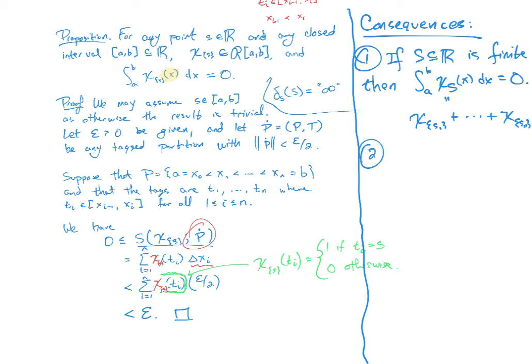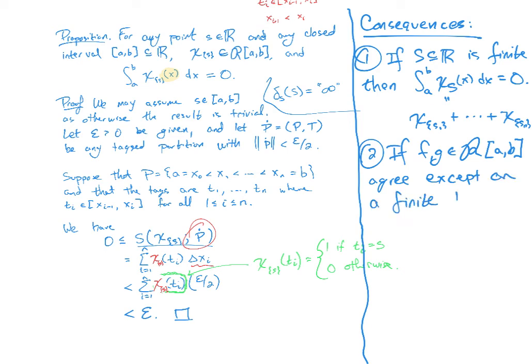Okay. Here's your second consequence, which is even better. If you take two integrable functions and they agree except on a finite number of points, then they have the same integral.